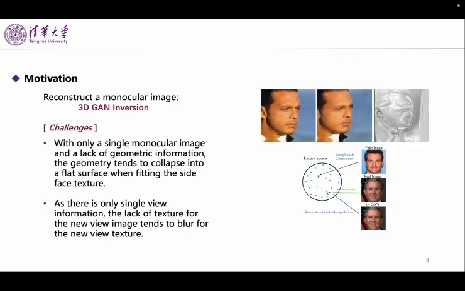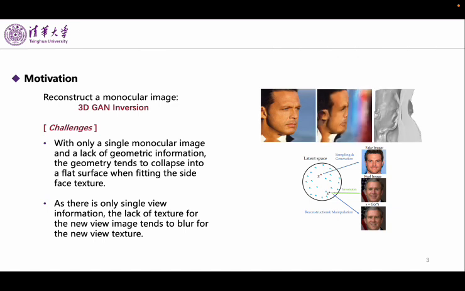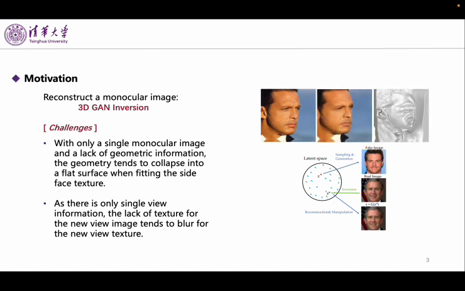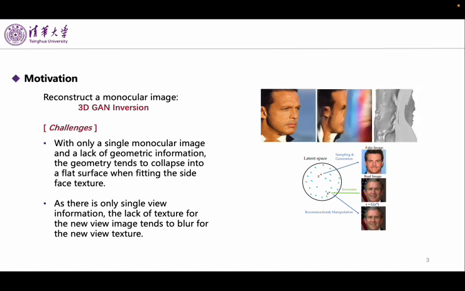With the collapsed geometry, the texture will be even worse, and we cannot see correct texture in novel views. Another challenge is that, as there is only single-view information, the lack of texture for the new view image tends to be blurred. Intuitively, we can construct pseudo views of the new views to constrain the geometry and the texture.